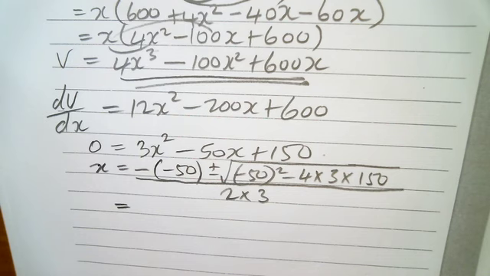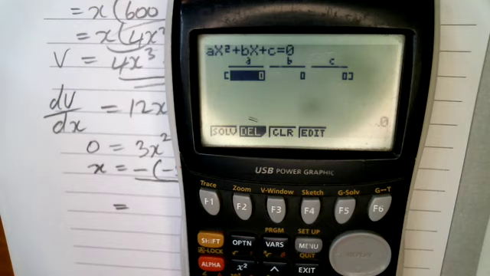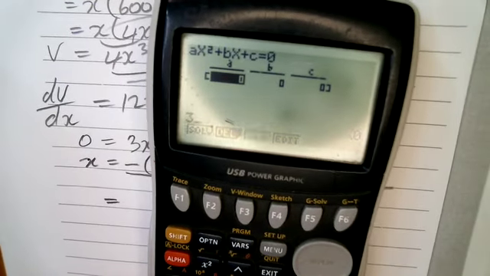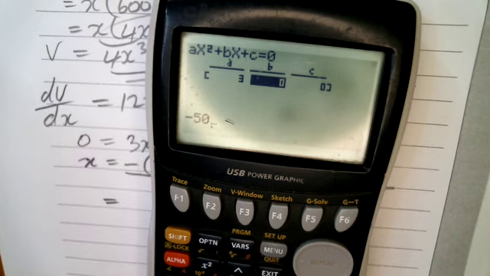Here we go. I'm going to pull up the solver here. So I'm going to enter 3, negative 50, and 150. There we go.